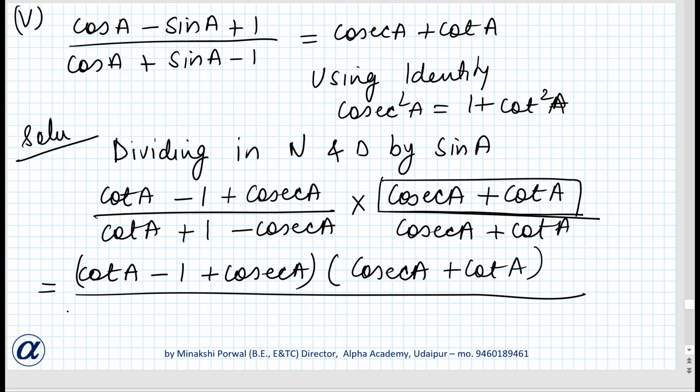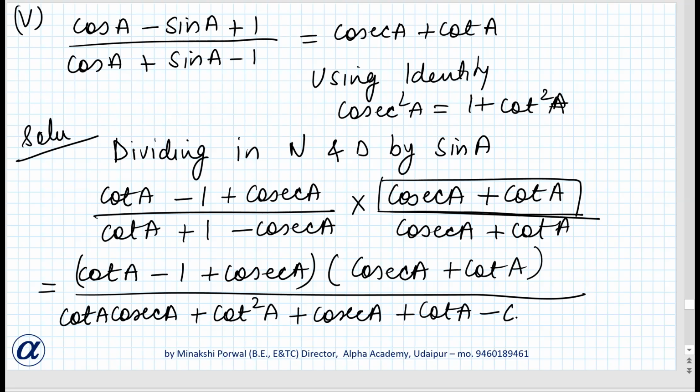So cot A into cosec A, first term will be cot A cosec A, second term will be cot square A. Next term is cosec A plus cot A minus cosec square A minus cosec A cot A. Now the first term cosec A cot A and the last term minus cosec A cot A will get cancelled.